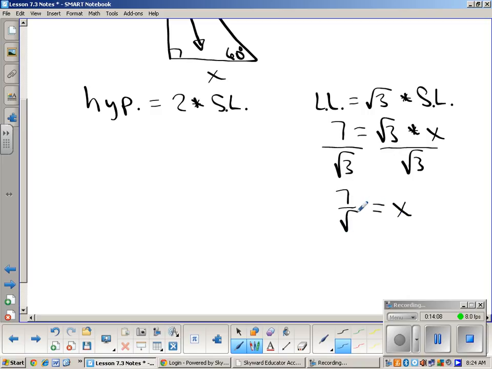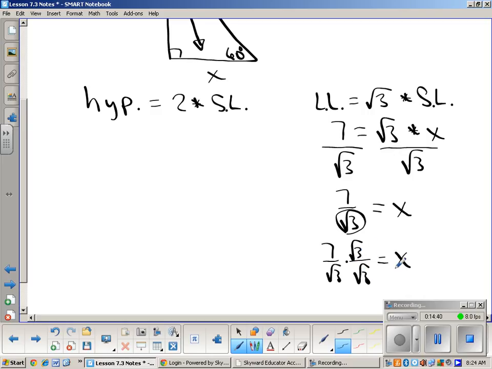Unfortunately, they have this silly rule that says you cannot leave a radical sign in the denominator. And so you have to do what they call rationalizing the denominator. To rationalize the denominator with a single term in the bottom, just a single square root of 3, we multiply top and bottom by that denominator.